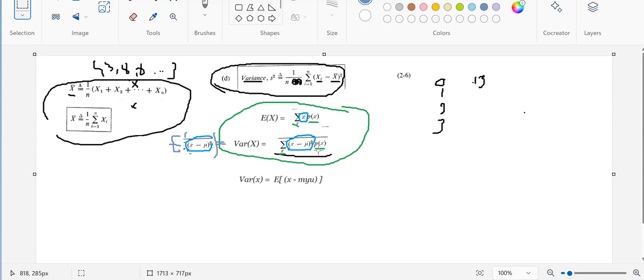So that's another way of writing the variance. Basically, we can call this the expectation operator. What does it do?